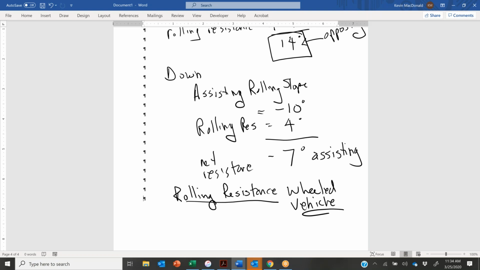But basically, rolling resistance is a concept that we use to describe the fact that the truck is perpetually, or the wheel is perpetually attempting to climb out of a hole.